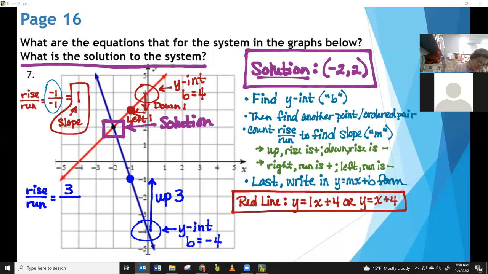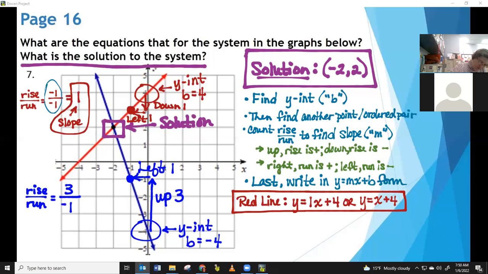+3. Beautiful. And now I need my run from the end of this arrow right here to get to the point. Do I go left or right? Left. And Soraya, I see that you saw left 1, and so that's going to be a -1. Absolutely correct. Left 1.